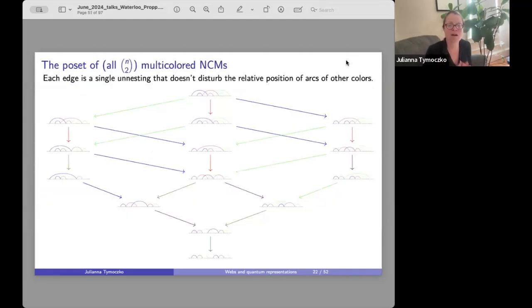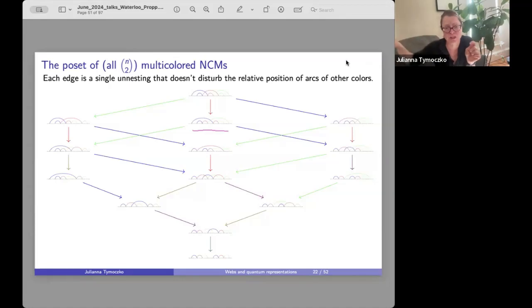And that's what I have in this particular picture right here. You can see at the very top, there are 2 blue arcs, 2 red arcs, 2 green arcs. If I go down the middle edge, which I've labeled red to indicate that I'm going to take those 2 red arcs and unnest them, the multicolored non-crossing matching that I just underlined has the same blue arcs, the same relative position of blue arcs, the same relative position of green arcs, but the red arcs just became unnested.